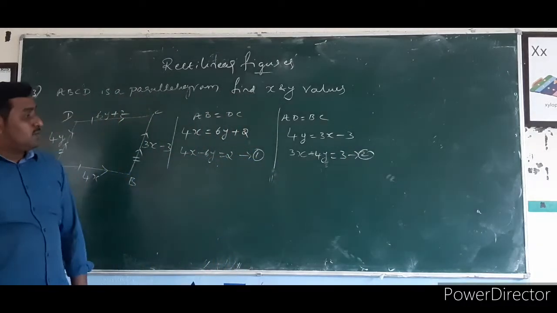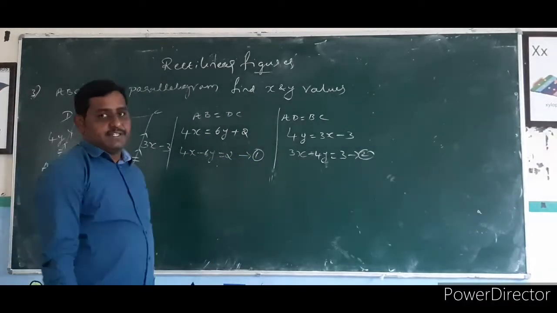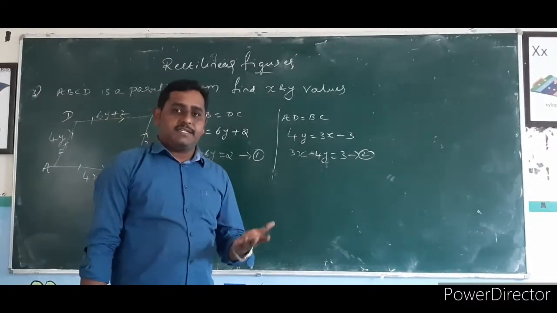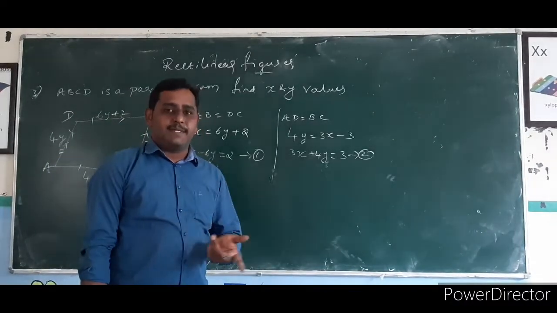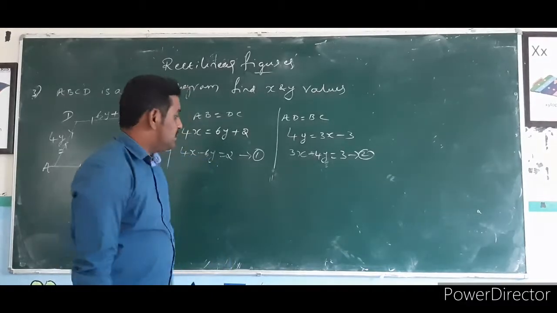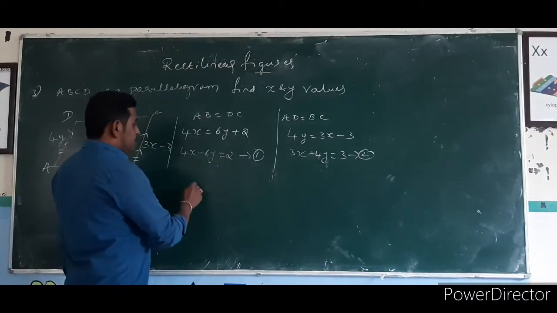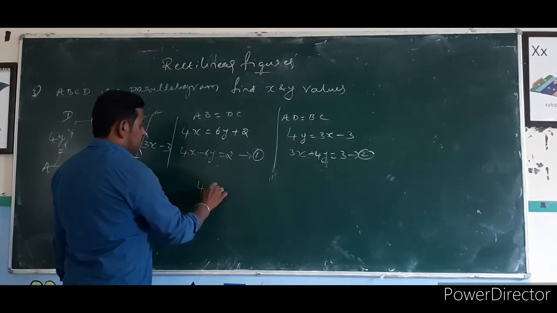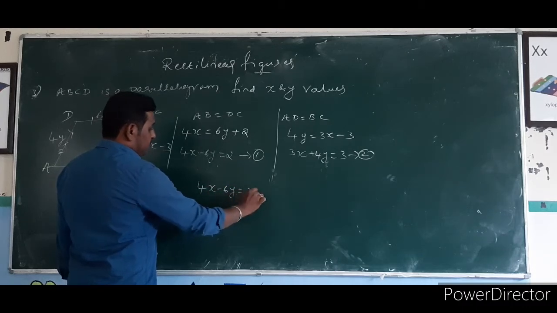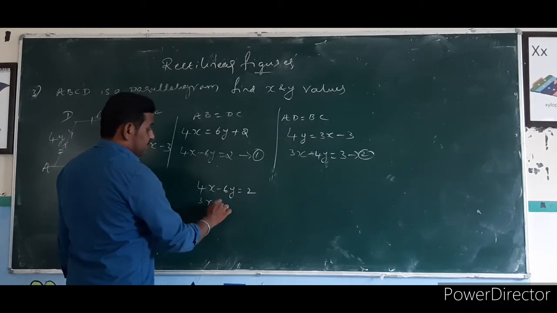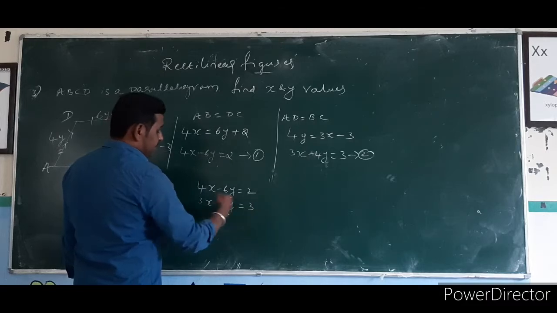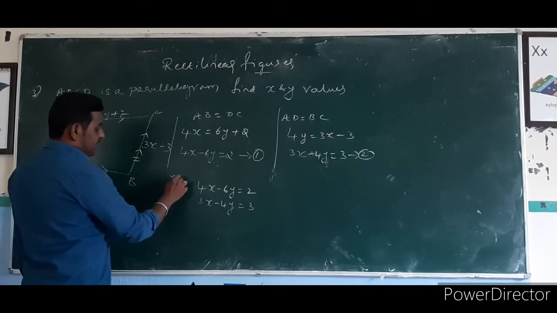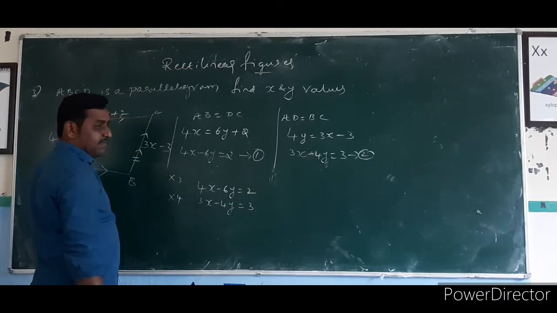So you get two simultaneous linear equations. After getting them, you know how to solve simultaneous linear equations by different methods. So 4x minus 6y is equal to 2, and 3x minus 4y is equal to 3. Multiply the first equation by 3 and the second equation by 4.